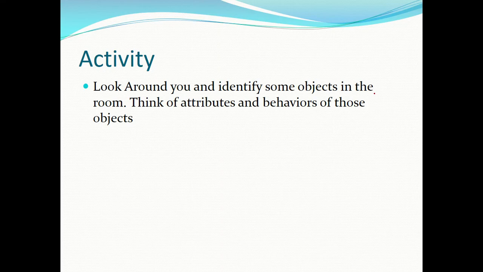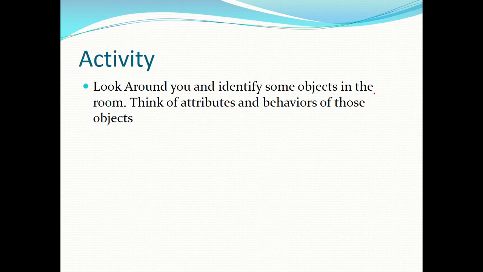I'll give you an activity: look around you, in your room or wherever you're sitting in the class, and try to identify at least three objects, and for each object try to identify three attributes. I'll give you an example. I'm sitting here in the class, so I will choose an object called table.